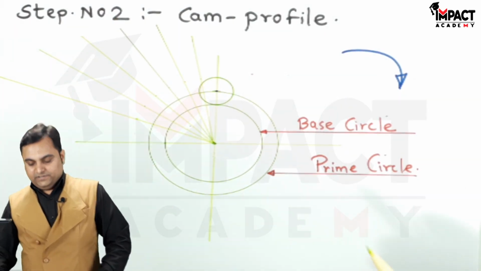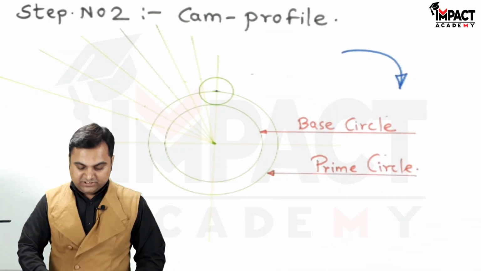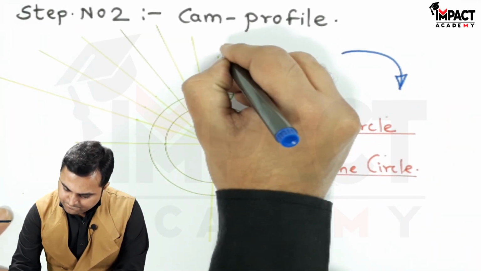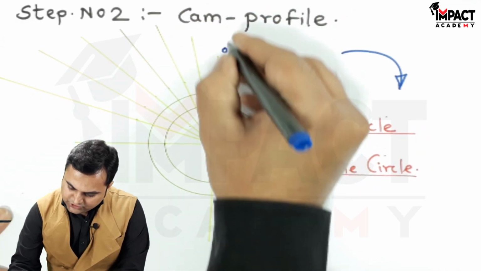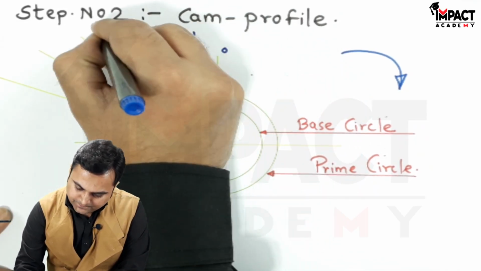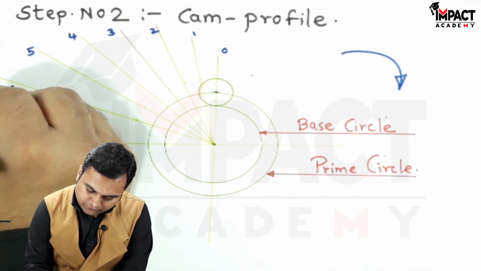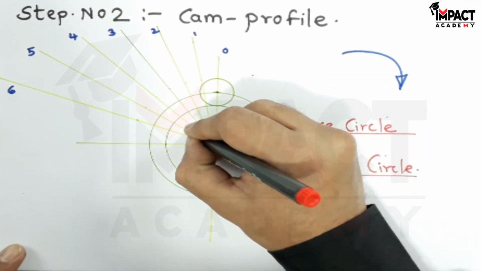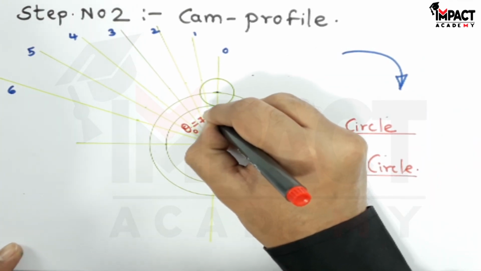So I have divided this 70-degree angle into 6 equal parts, and giving the notation, this line is 0 initial position, then first, second, third, fourth, fifth and sixth. Now this indicates the outstroke of 70 degrees.